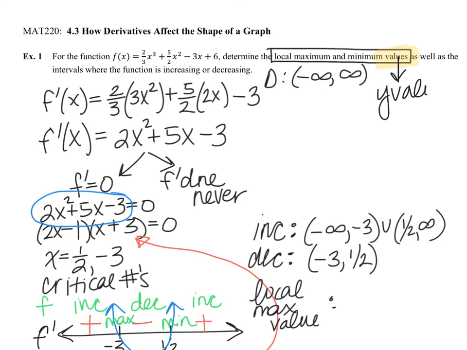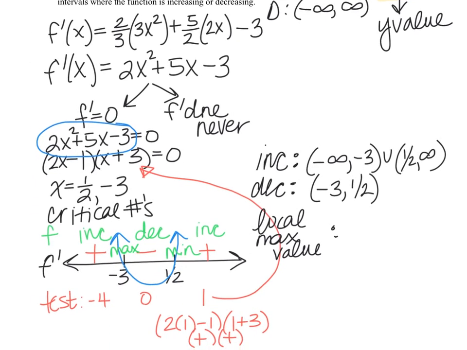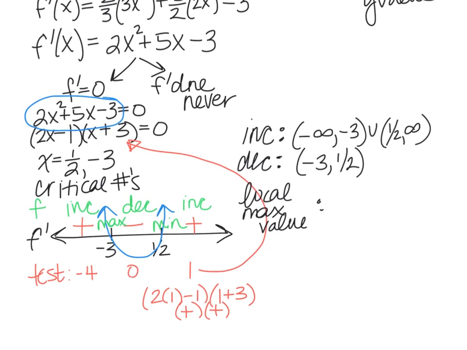So when they ask for the local max value, they're not so much interested in the ordered pair, but actually the y value. So we identified that we have a local max here when x equals -3. So you'll need to plug -3 into the original function, which means you're going to find f of -3. And that y value is your local max value.